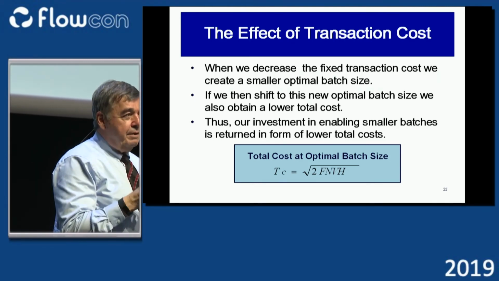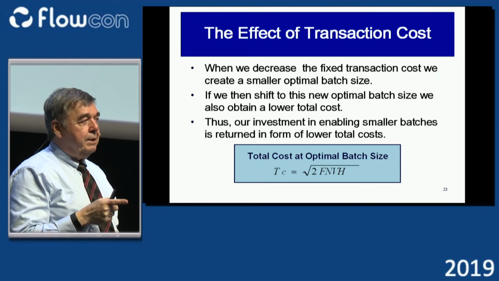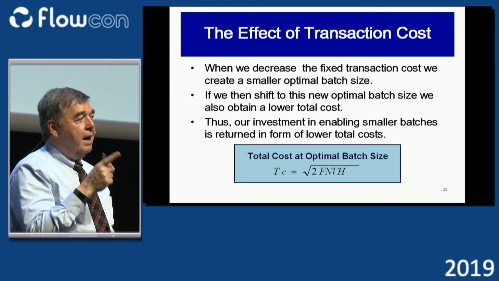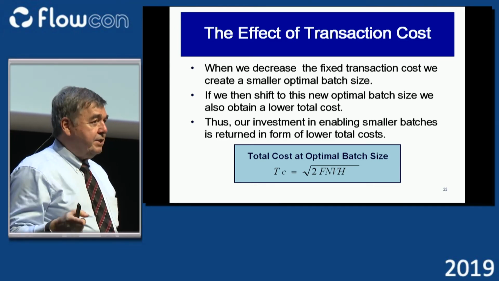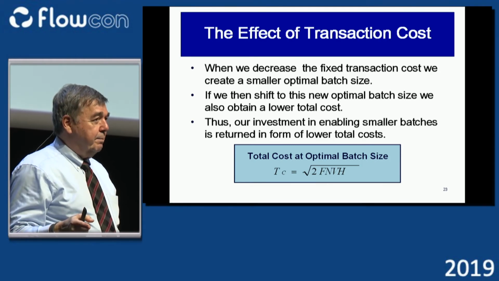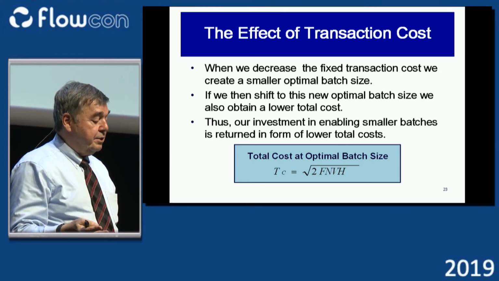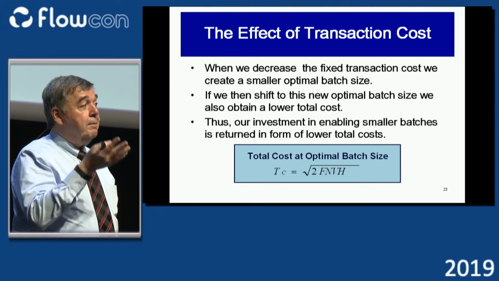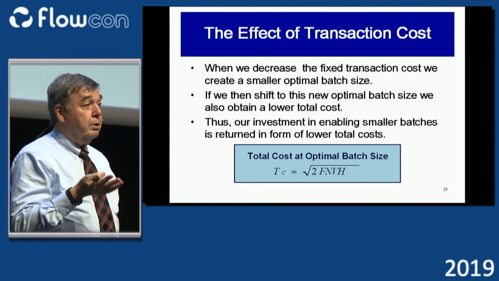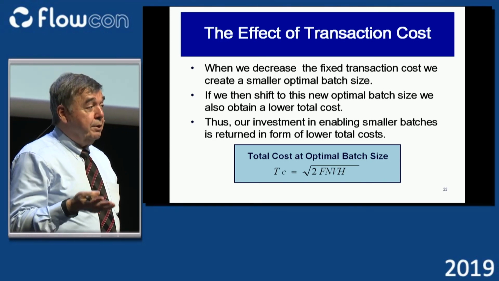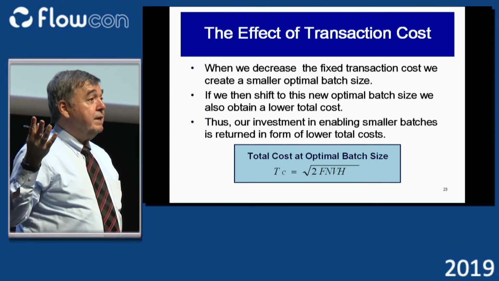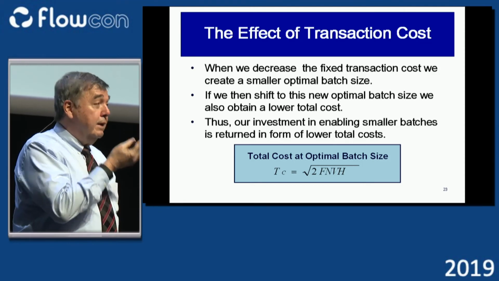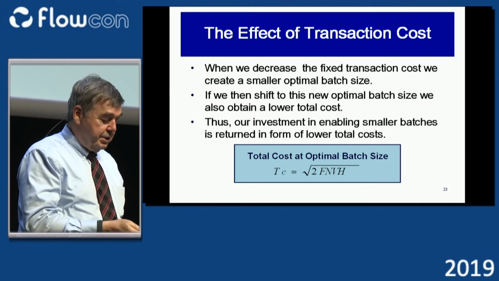But this has a very important implication, because this is saying not only do I enable smaller batch sizes when I end up reducing transaction costs, at the same time I am lowering the total cost of a process. So when your boss asks, where's the money going to come from to pay for batch size, the answer is the money comes from the batch size reduction.